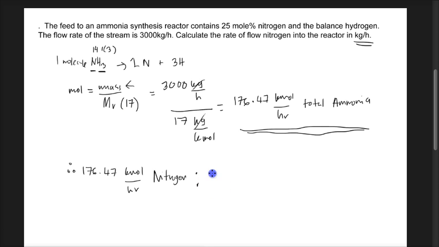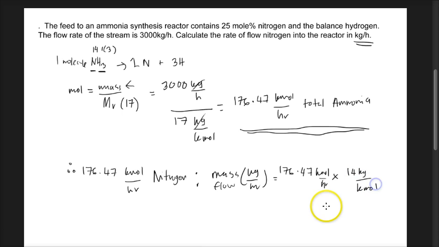So to find the mass flow rate, we multiply 176.47 kilomole per hour, and then times the atomic mass for nitrogen, which is 14 kilogram per kilomole, and then the value will be 2471 kilogram of nitrogen per hour. Alright, so that's question 6. We move to the next question.